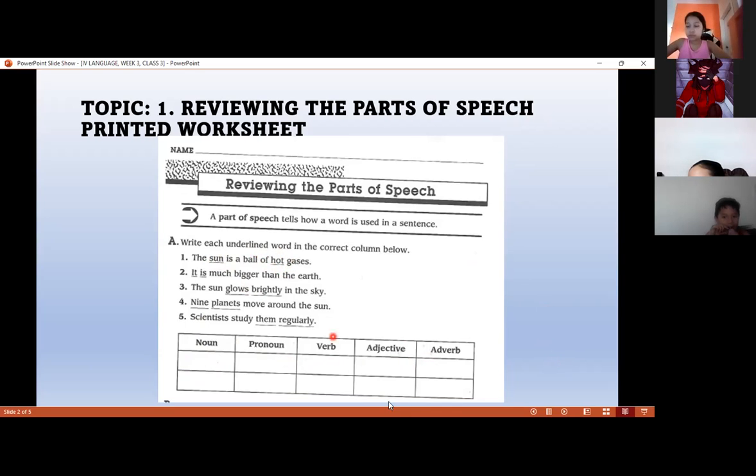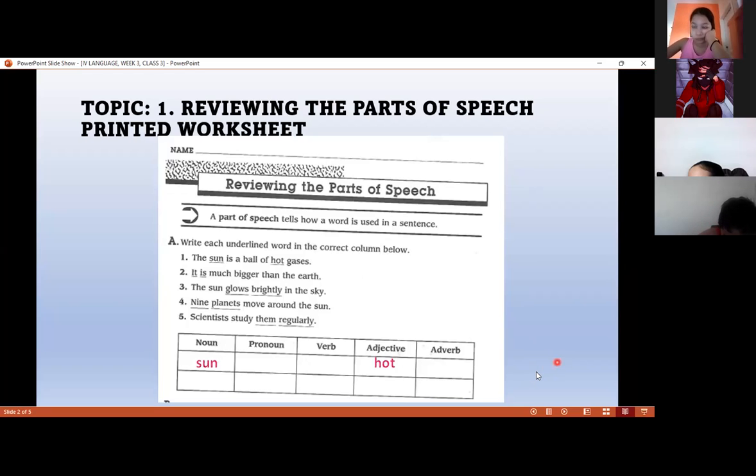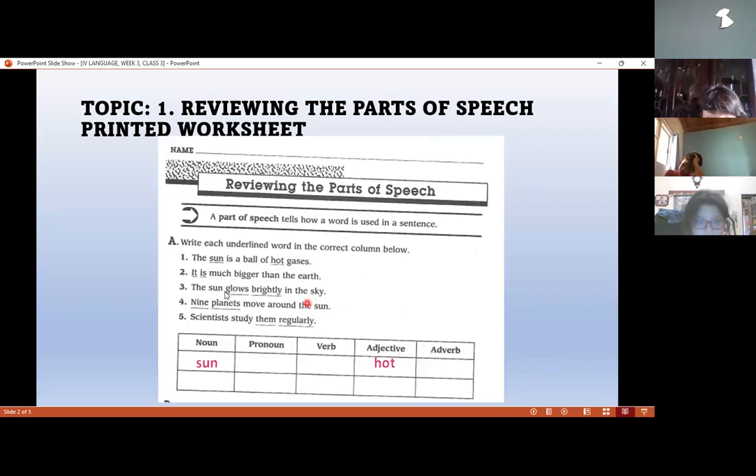Adjective. It's an adjective. So you're going to write hot under the heading of adjective. Okay, perfect. Now, number 2: it is much bigger than the earth.